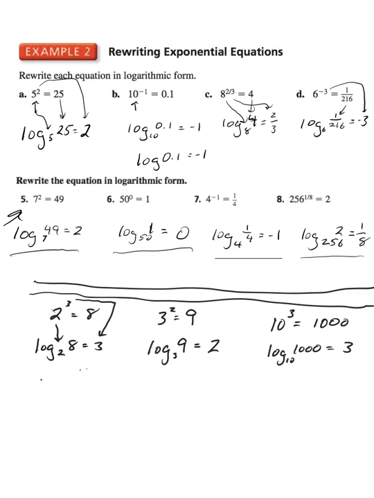But because log base 10 is such a popular logarithm and has been for centuries, we often omit, as we do in so many cases, anything that's really repetitive in algebra. So if you see log of 1,000 equals 3, that means the same thing.